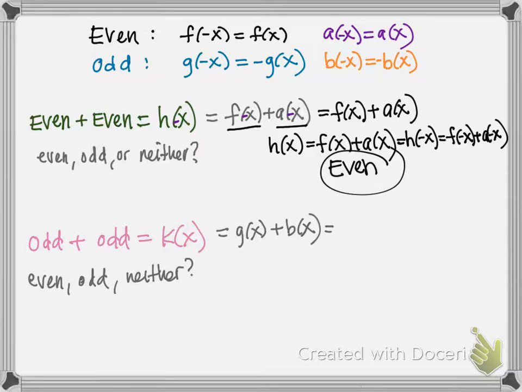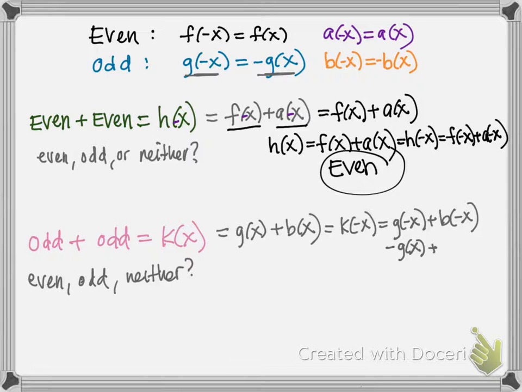So let's check. If I plug in negative x, k of negative x would be g of negative x plus b of negative x. So g of negative x, right here, is the same thing as negative g of x.